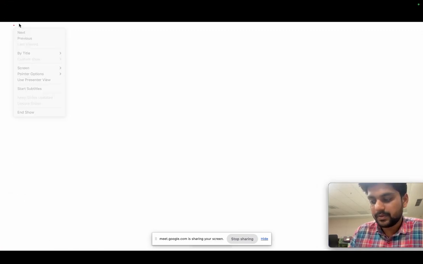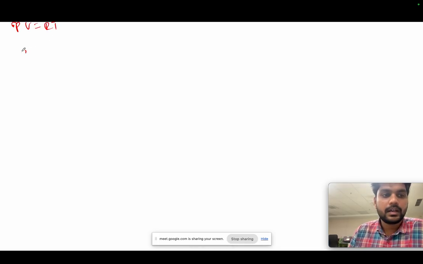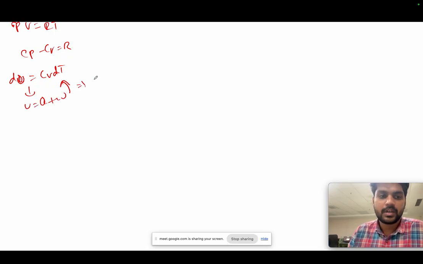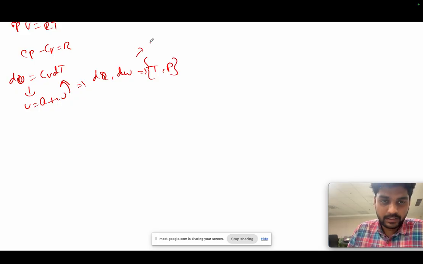The concept is clear, right? This concept, the pv equal to RT, and how Cp minus Cv equal to R came, and from here we calculated du equal to Cv dt. From here we get u equal to q plus w, we put it here, and then we obtained dq and dw in terms of temperature and pressure by changing v equal to RT by p.